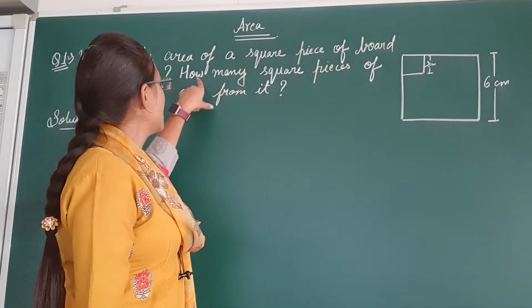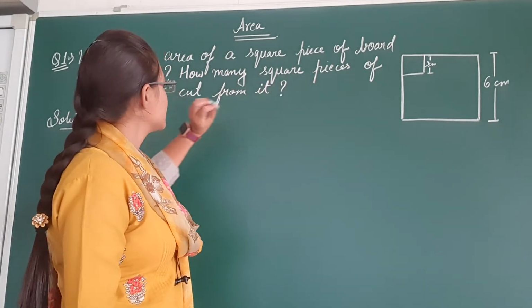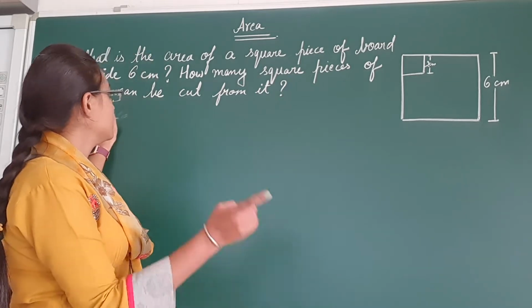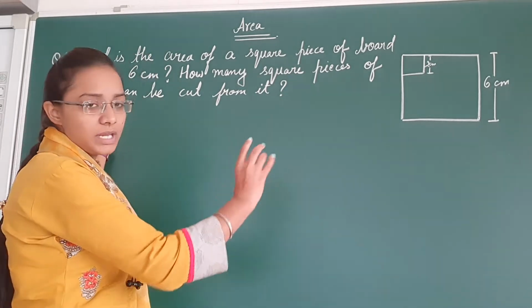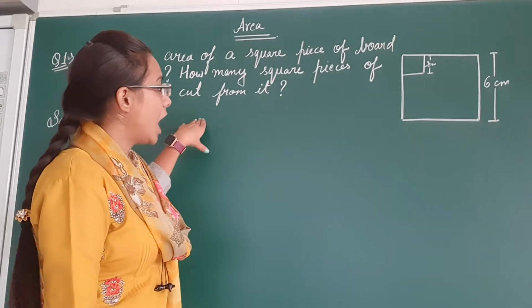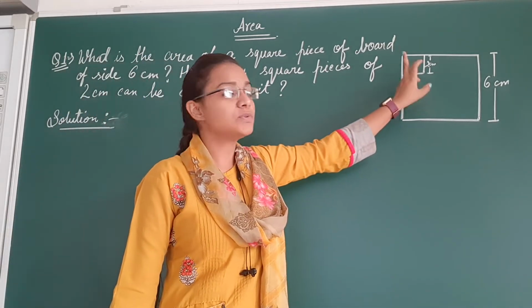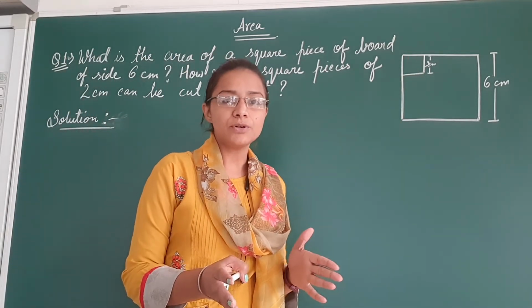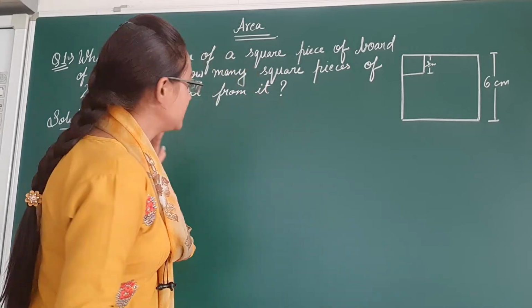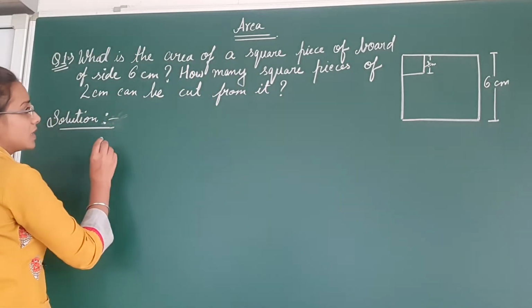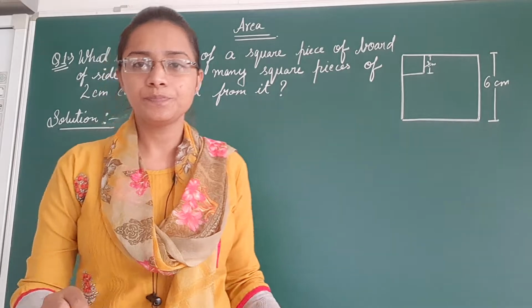Then, how many 2 centimeter squares can you cut from it? For that, first of all we will take out the area of the square of the board.